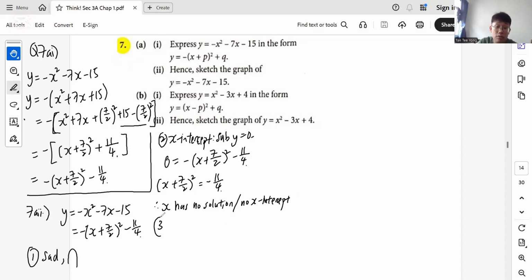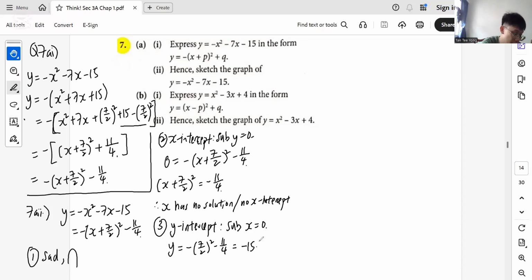All right, info 3, y-intercept. How to find the y-intercept? Sub x equals to 0. So you will have y equals to negative 7 over 2 squared minus 11 over 4. So this is, negative 15.